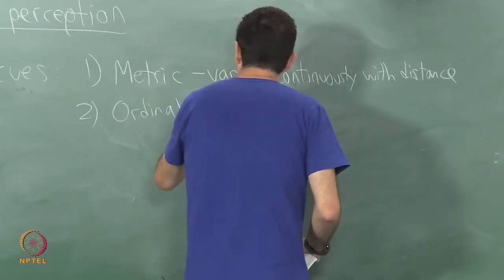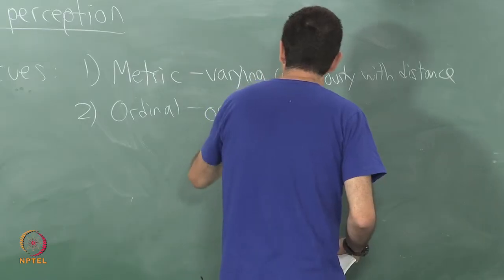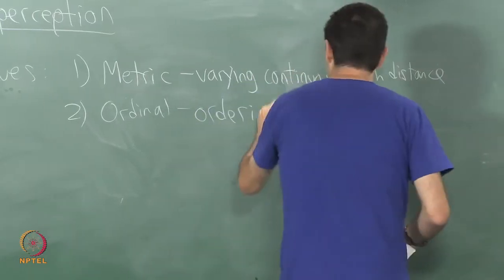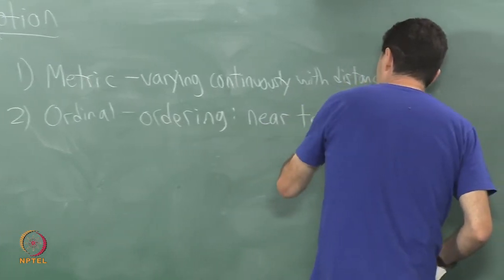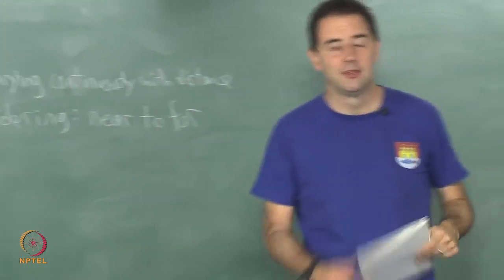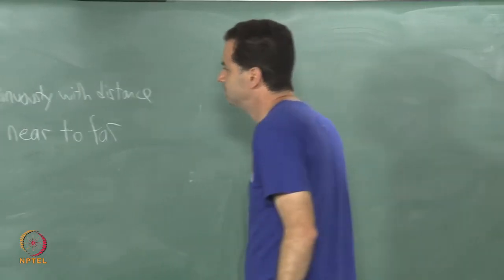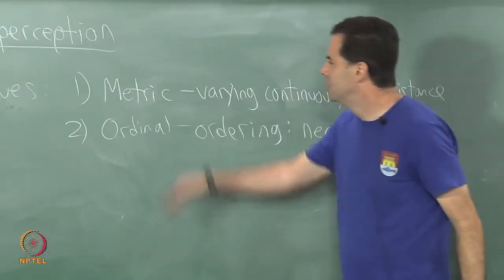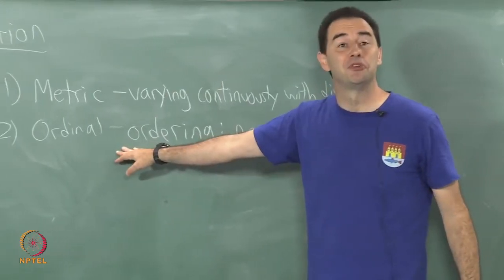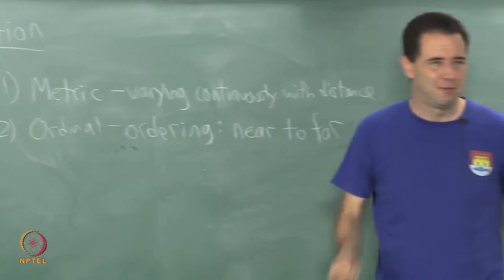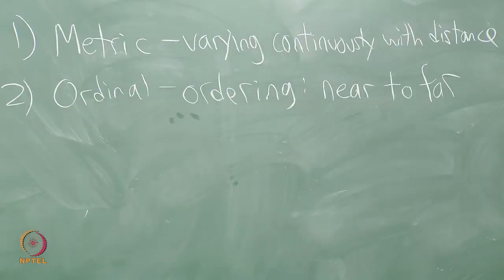And ordinal is about ordering, as the name suggests. For example, near to far. What is in front of what else? Another way to name these, number one could be continuous, and number two could be combinatorial. It could appeal to the computer scientist in you if you have that background.